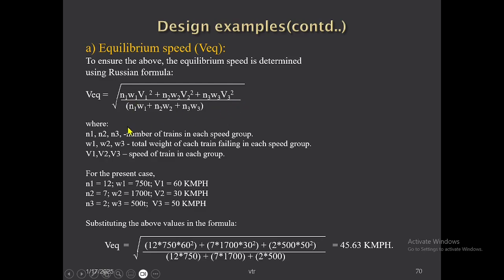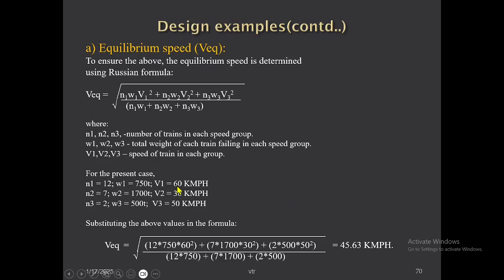For this case, the N1, N2, N3, W1, W2, W3, V1, V2 are given in our problem, and substituting these values in this equation, we get the equilibrium speed as 45.63 km per hour.